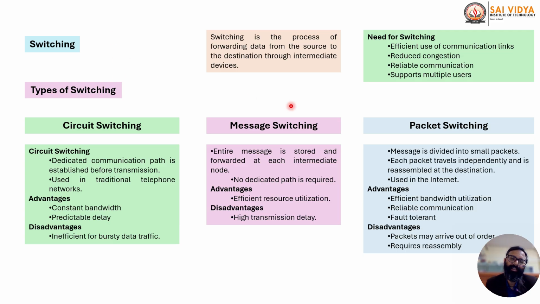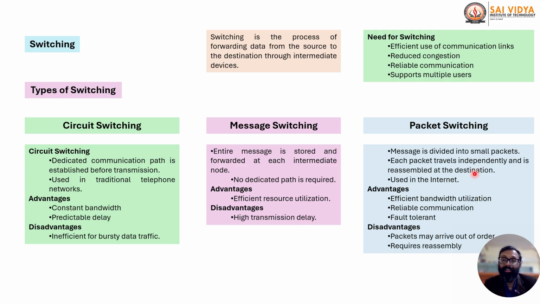The next one is message switching, where the entire message is stored and forwarded at each intermediate node. No dedicated path is required, and the advantages and disadvantages are mentioned here. Efficient resource utilization, whereas high transmission delay is observed as one of the drawbacks, because the entire message is stored and forwarded at each intermediate node.